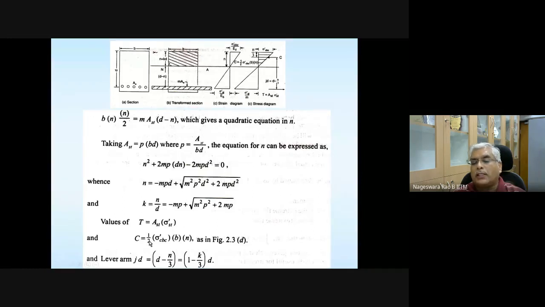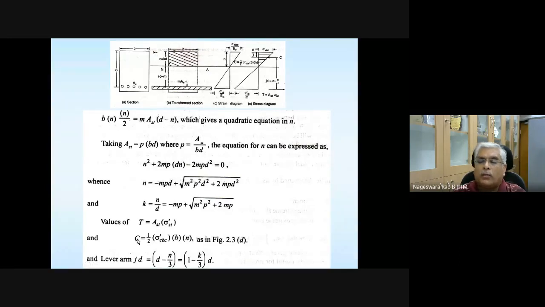The resultant compressive force is half sigma prime CBC times B times N. Just now we noted that we can calculate neutral axis depth using this equation, so you can plug that in here and get the resultant compressive force.